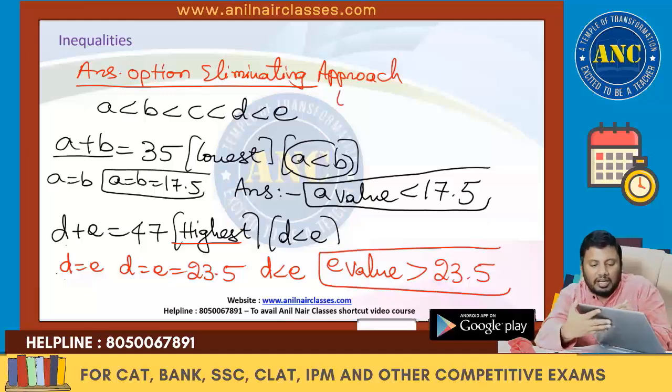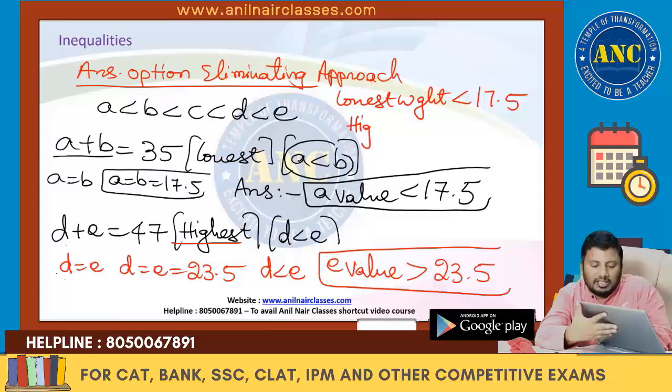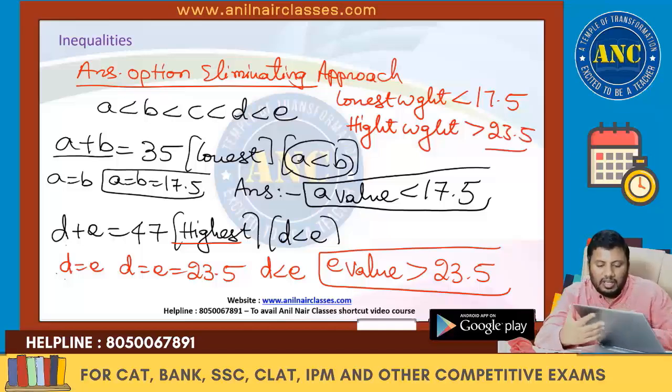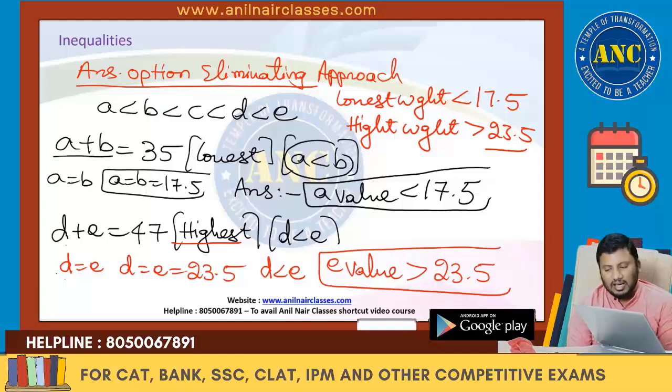Directly by looking at the question, I can say that lowest weight is less than 17.5 and highest weight is greater than 23.5. I hope this idea is clear to you.